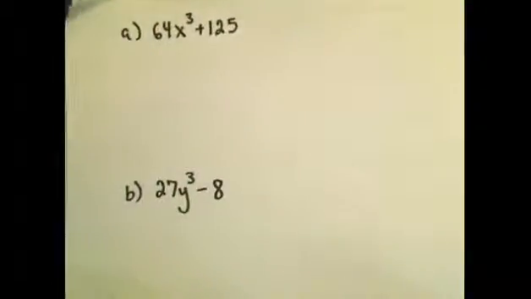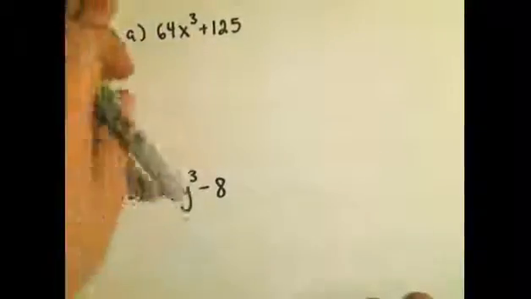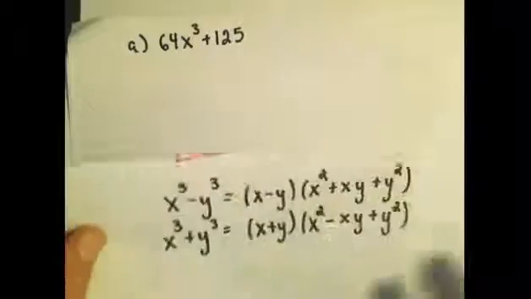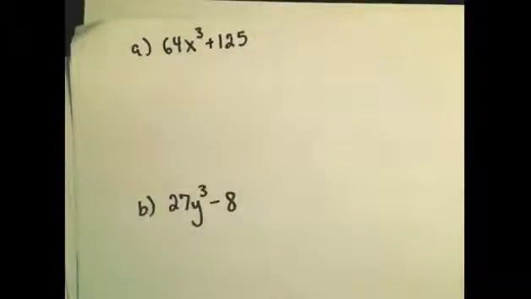First one I'm going to do here is 64x cubed plus 125, and then we've got 27y cubed minus 8. So let me see if I can bring my formula back in here real quick. Okay, so it looks like in this one we'll have to use the bottom formula.